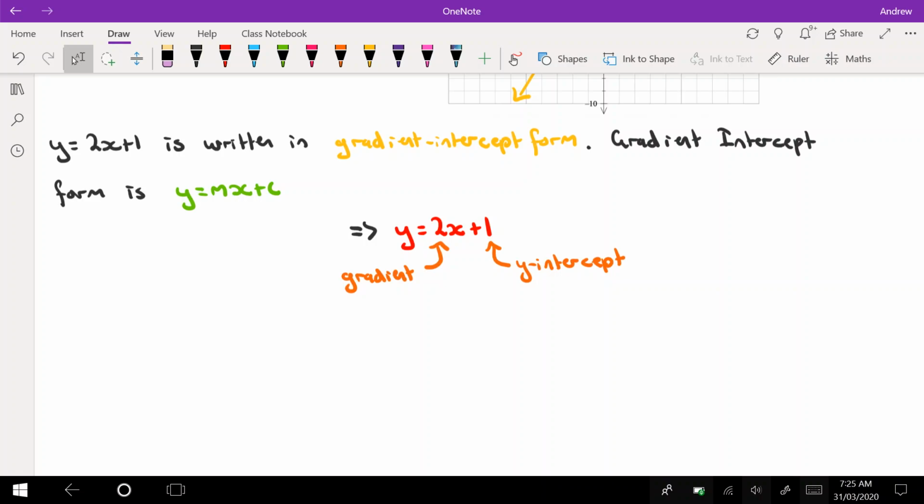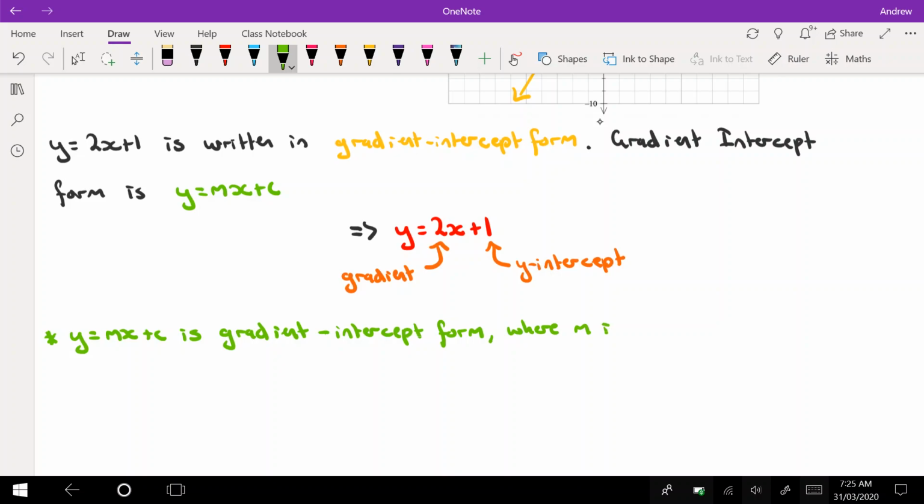The intercept is at 1, the gradient is at 2. y equals mx plus c is gradient-intercept form, where m is the gradient and c is the y-intercept.